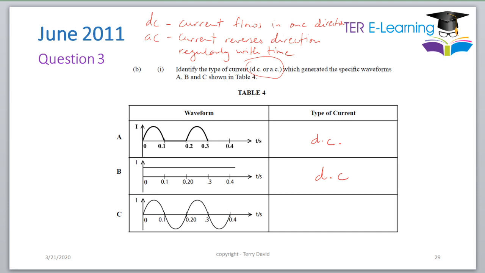Xavier saying DC. So the last one is actually an AC. That's an alternating current, right? So the last one is an AC.